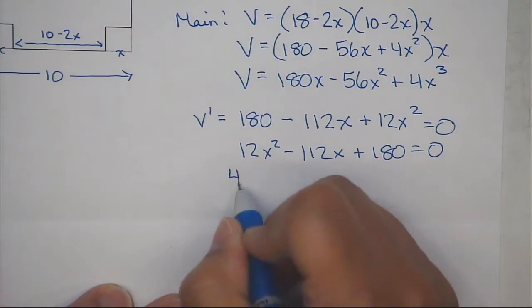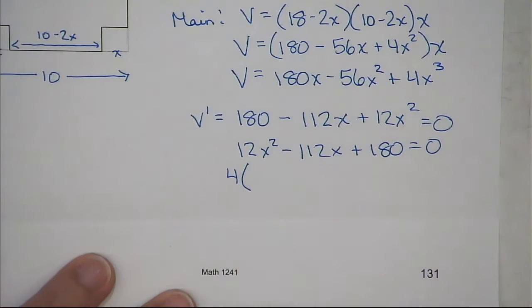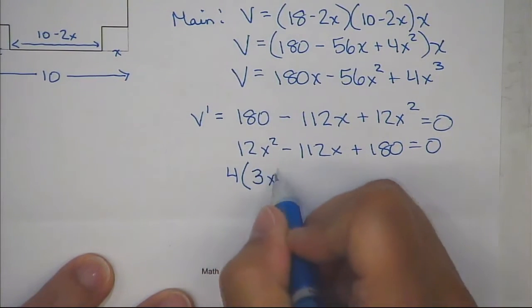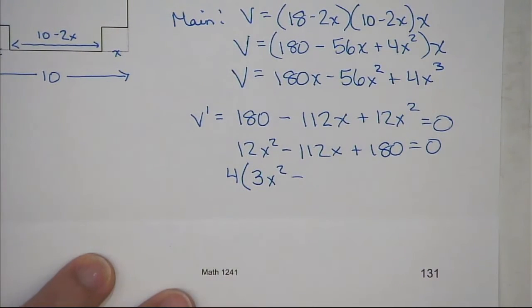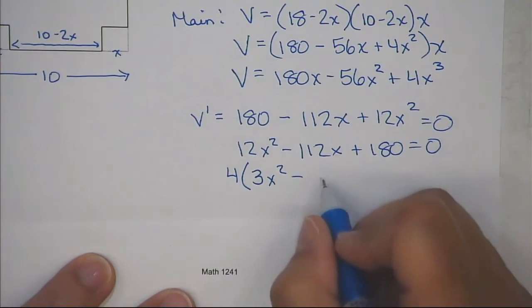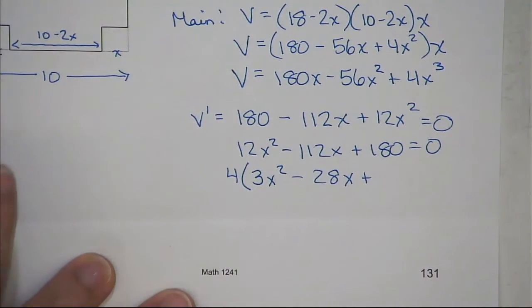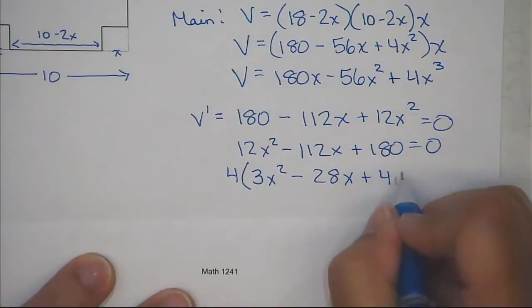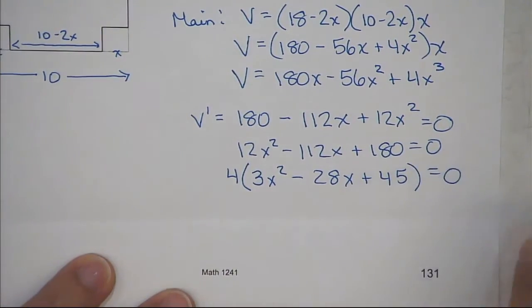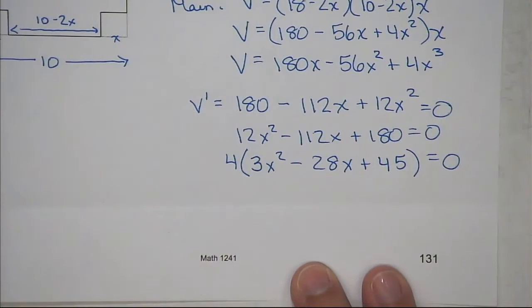All right, so if we take out a 4, or divide by 4, we get 3x squared minus 28x plus 45. And that won't factor. So we got to do quadratic formula or we got to graph.